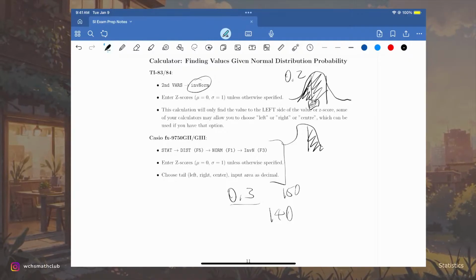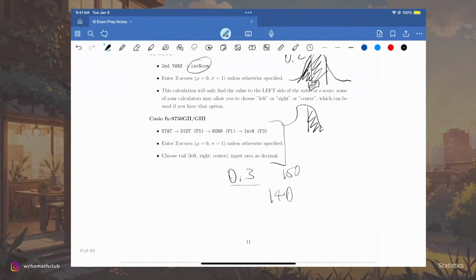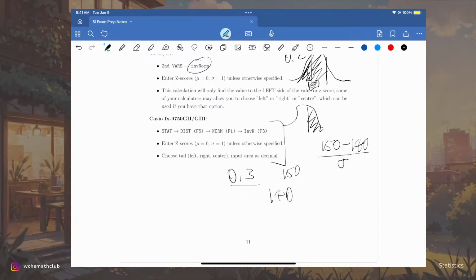And then what you want to find is the standard deviation. Well, we can break this down into z-scores simply by saying 150 minus 140 over the standard deviation is going to be our z-score of this point. And then we have the probability of the z-score.